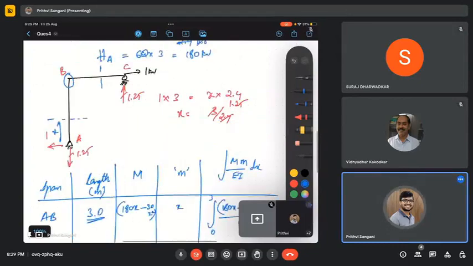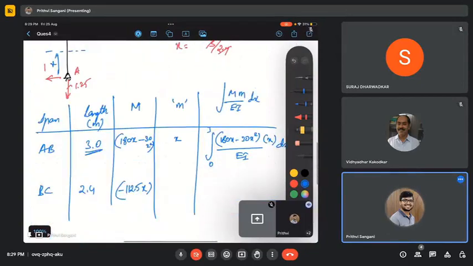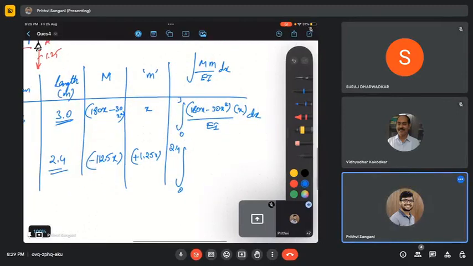And what about small m? This is plus 1.25 times x, ranging from 0 to 2.4. Integrate minus 112.5x times 1.25x divided by EI dx.